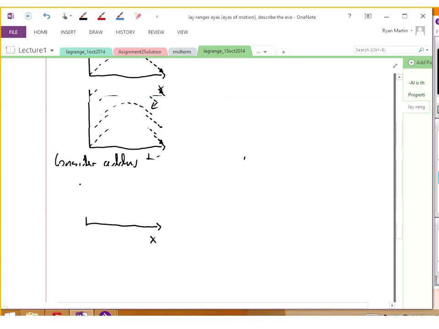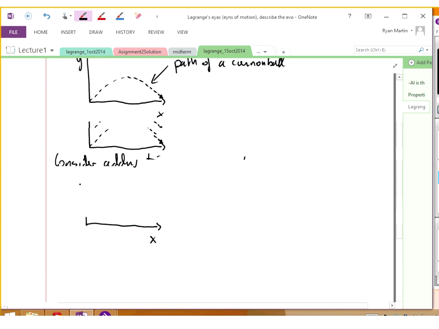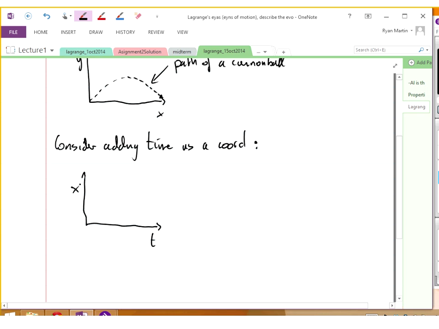Well, maybe I'll put T on the bottom since we're more used to it. So now, just for the simplicity of writing on paper, I only have one space coordinate.